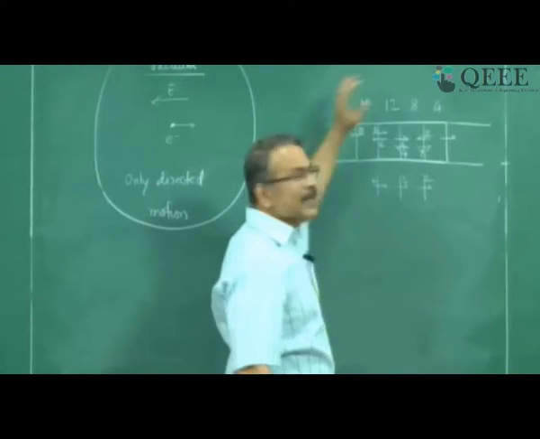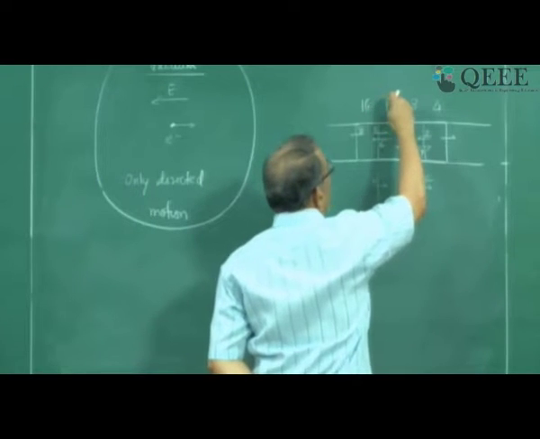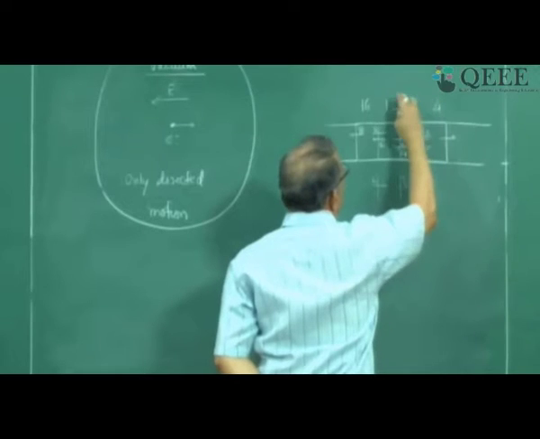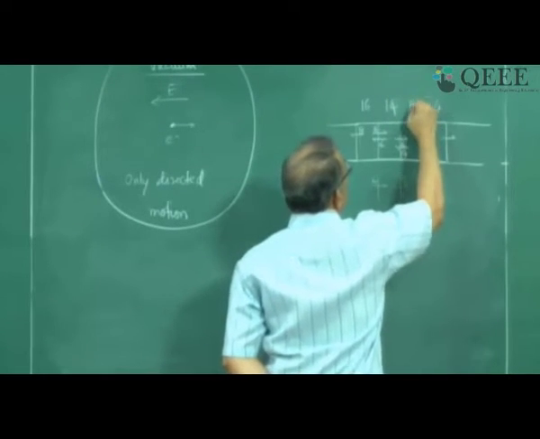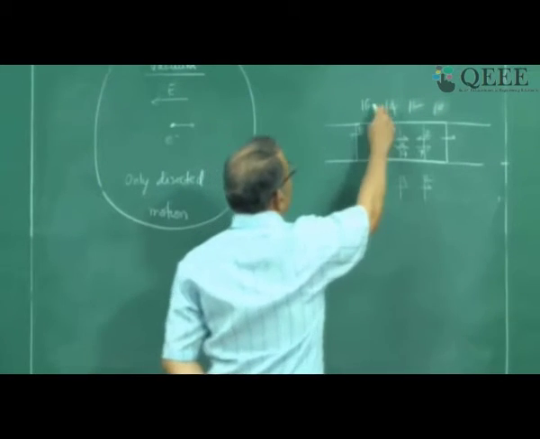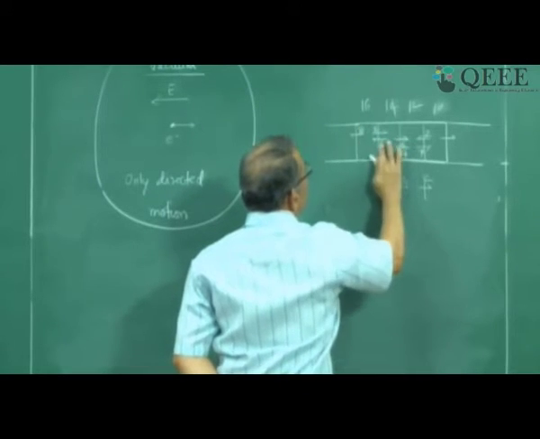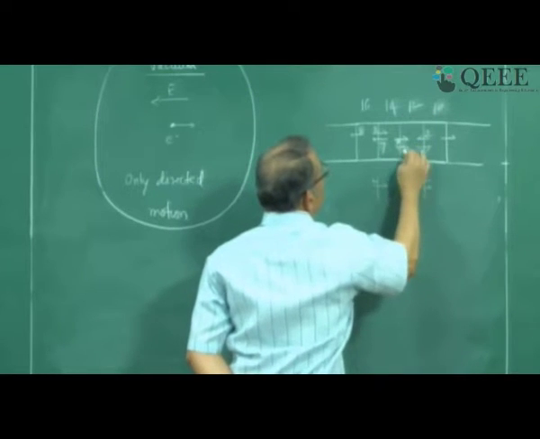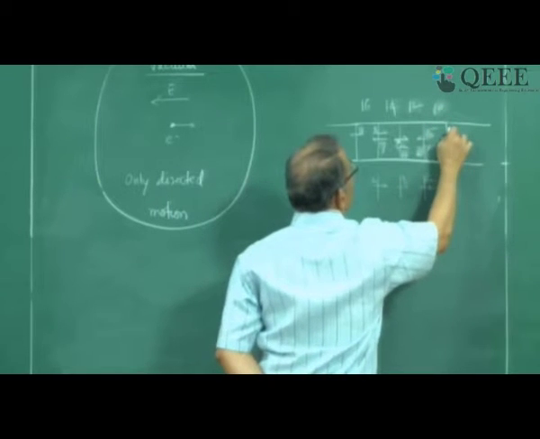Now let us say I decrease the gradient. Instead of 16, 12, 8, 4, I have 16, 14, 12 and 10. Now I have 8 moving like this, 14 means this becomes 7, 12 means this becomes 6 and 10 means this becomes 5.